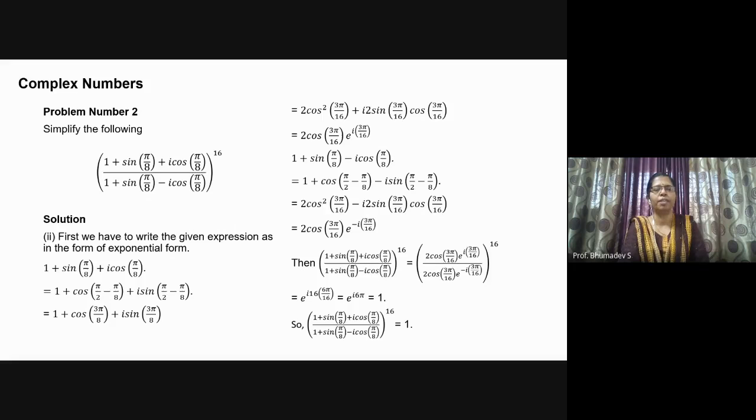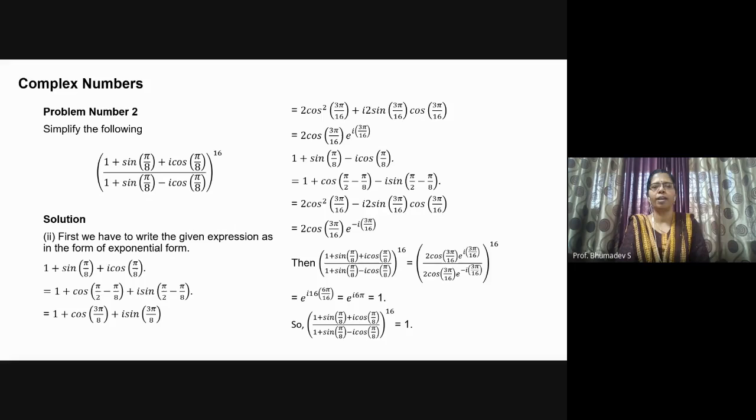Sine pi by 8 can be written as cos(pi by 2 minus pi by 8), and cos pi by 8 can be written as sine(pi by 2 minus pi by 8). Simplifying the theta value, it becomes 3 pi by 8, which gives 1 plus cos 3 pi by 8 plus i sin 3 pi by 8.